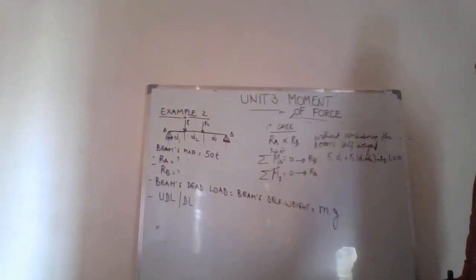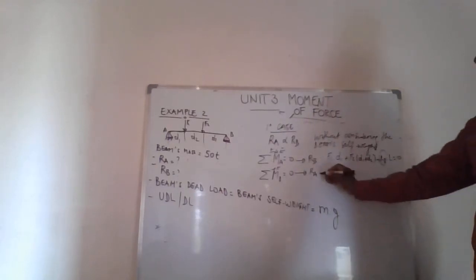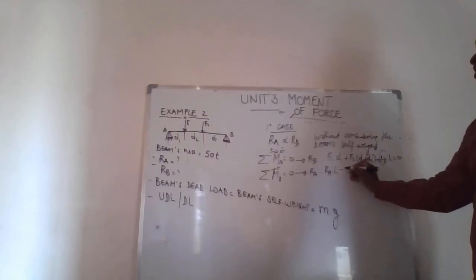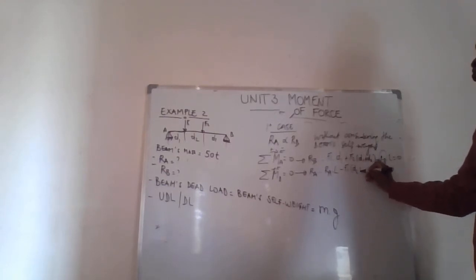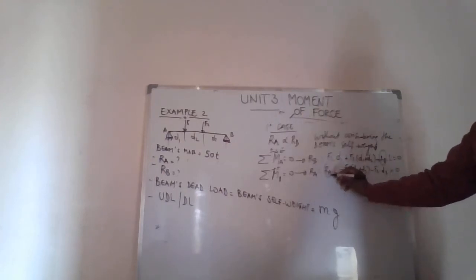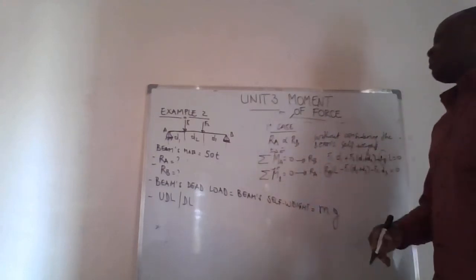We should be able to get the reaction B, which is the only unknown. Same for the second equation about B. We'll have RA times the length minus F1 times the moment arm, which is D2 plus D3, minus F2 times the moment arm, which is D3, and everything is equal to 0, and we can get RA, similar to the previous example.